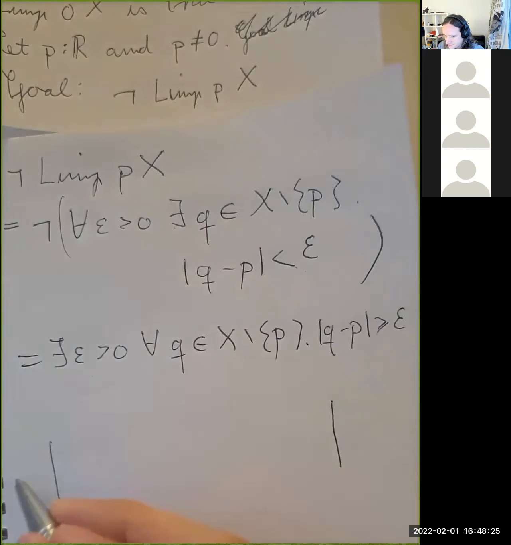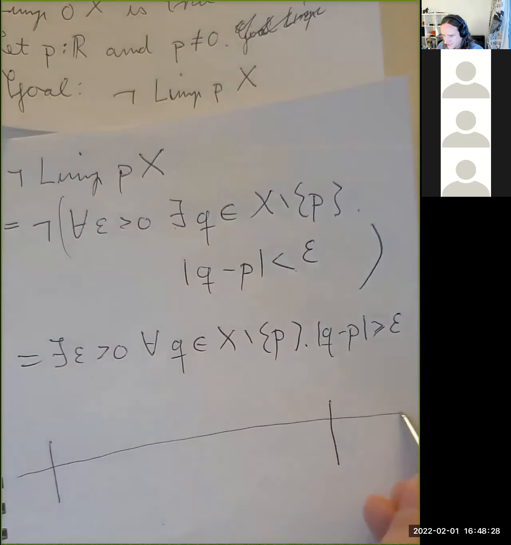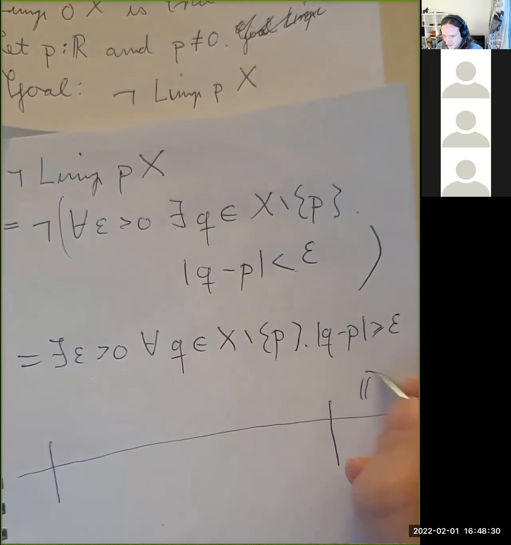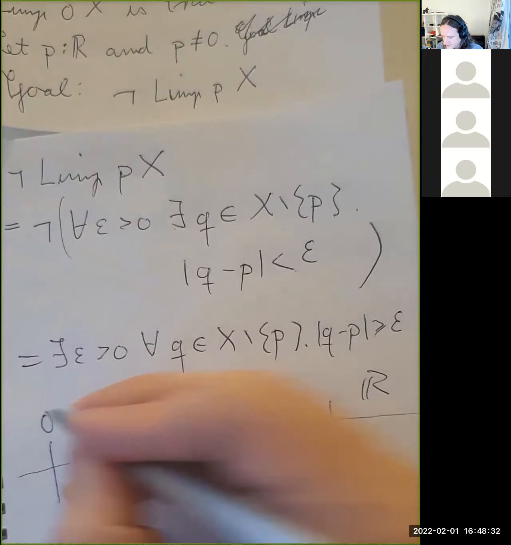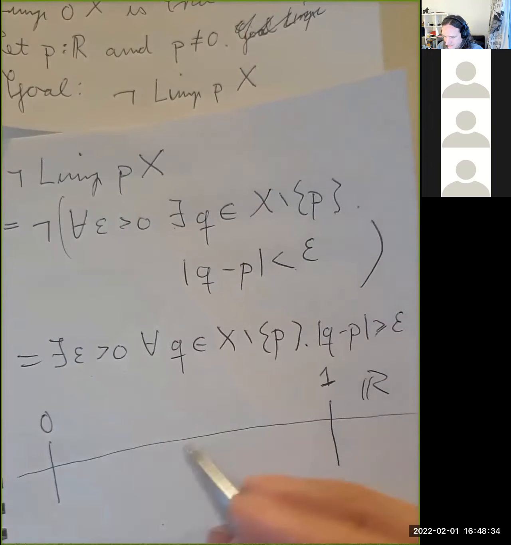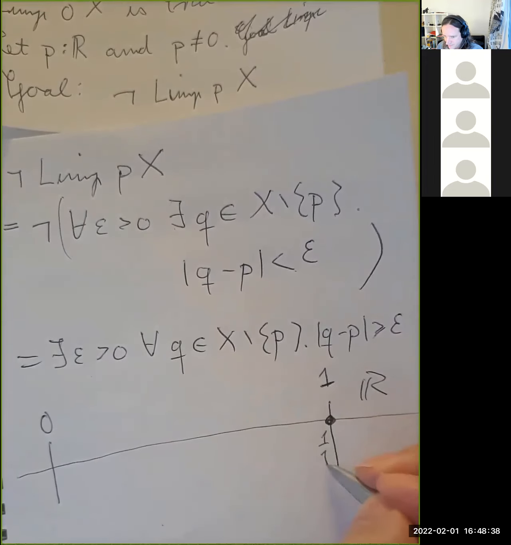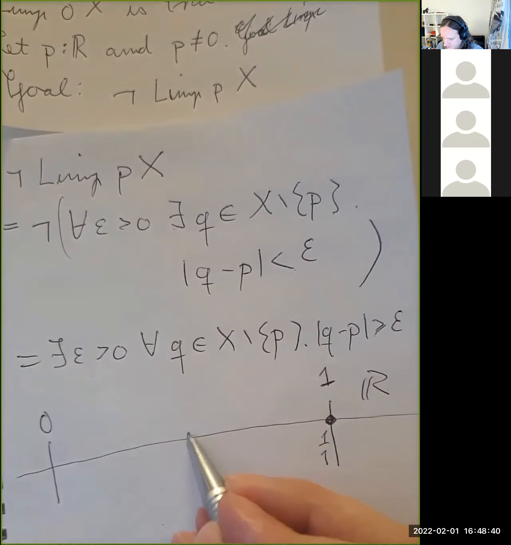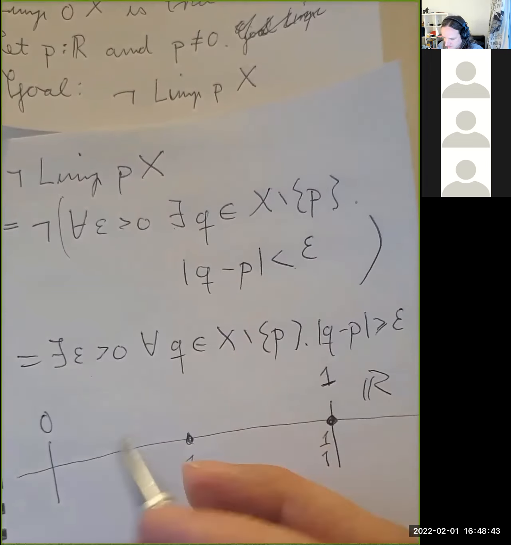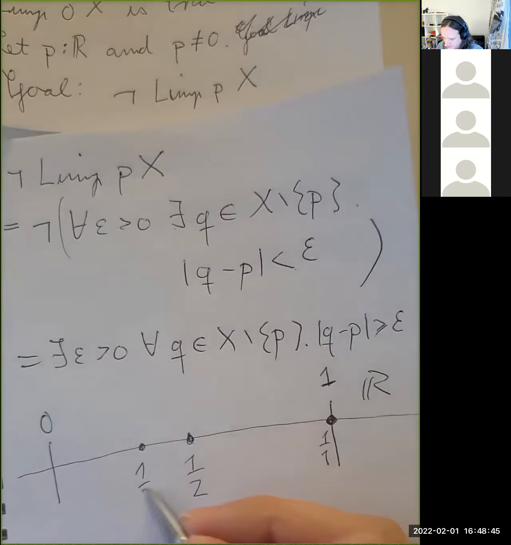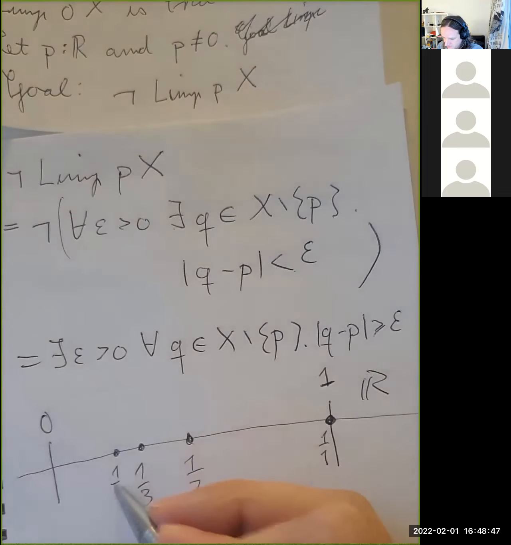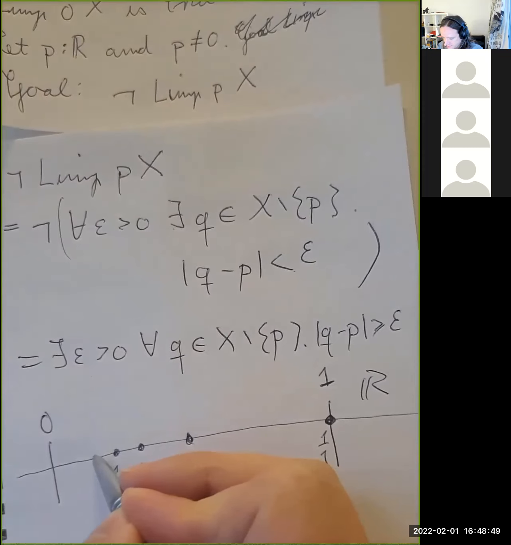So this is a zoomed out part of the real line. And we have 0 here, 1 here, and now I draw some points in X. So that's 1 over 1. And we have 1 over 2 here, and we have 1 over 3 here, and 1 over 4, and so on.